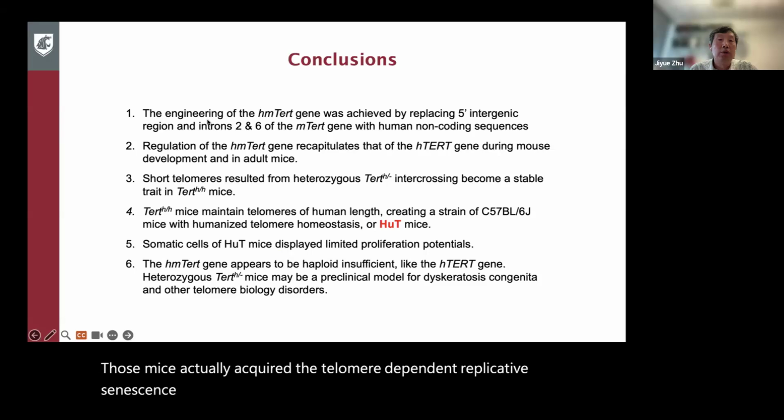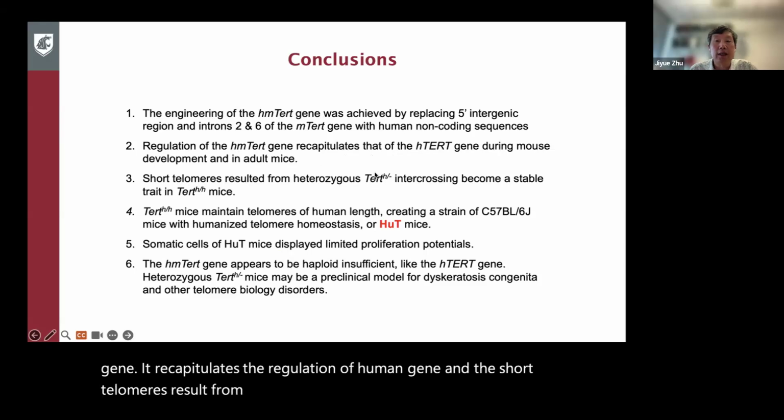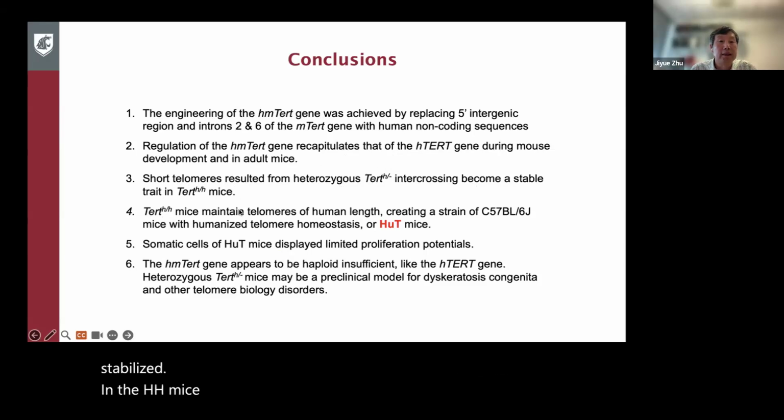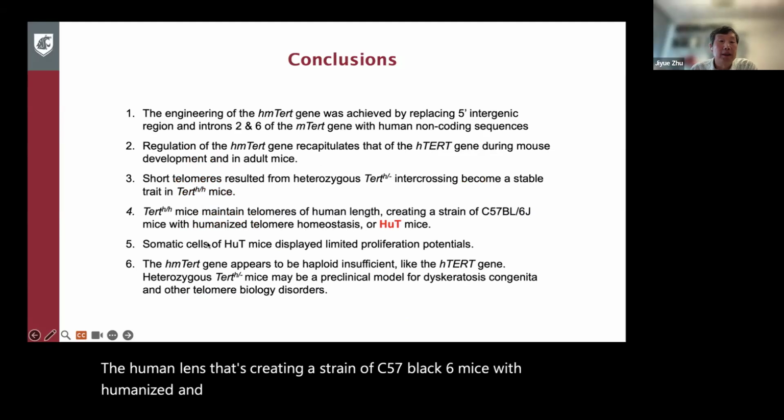So in summary, we have engineered the HM3 gene, and this gene recapitulates the regulation of the human TERT gene, and the short telomeres resulting from heterozygous mouse intercrossing become stabilized in the HH mice, and HH mice maintain the human telomere length, creating a strain of C57 black 6 mice with humanized telomeres, and we called it HUT mice.